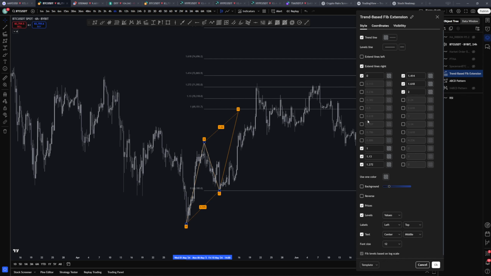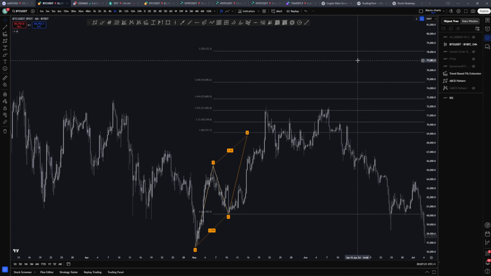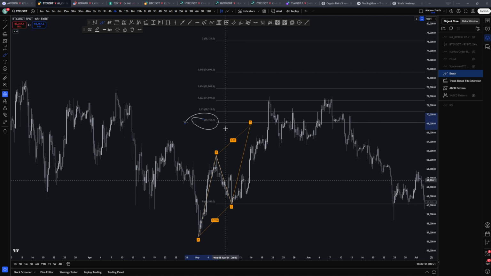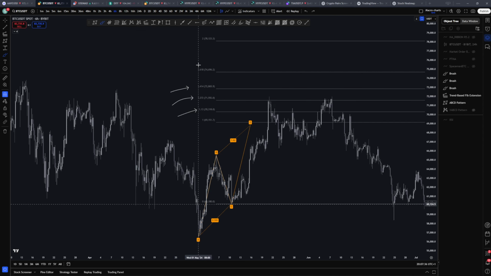You can use these below 1 too. But I'm going to keep it as clear as possible to make it easy to follow. So, what we use for ABCDs is a trend-based fib extension tool. Your 1 is going to be the most important level, but after that, we have a bunch of other levels. These levels might be slightly less confluent, but they are very, very important when we look at harmonics.